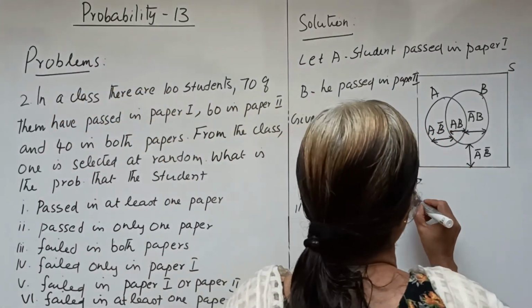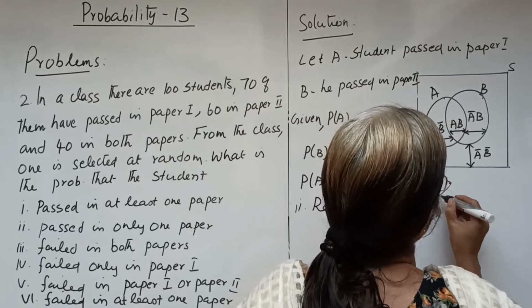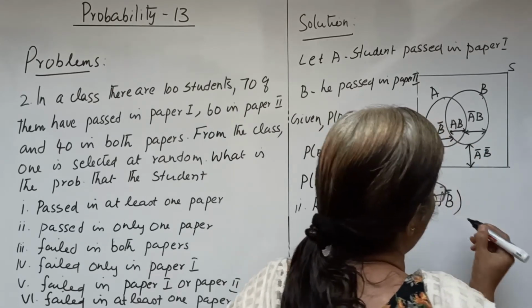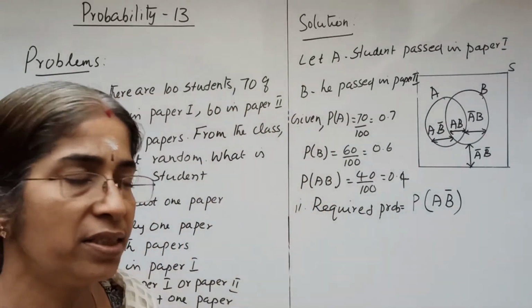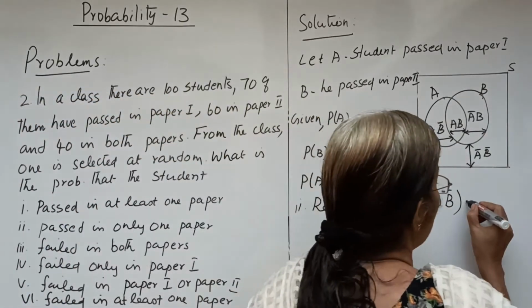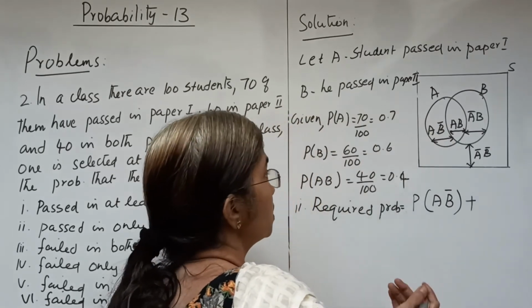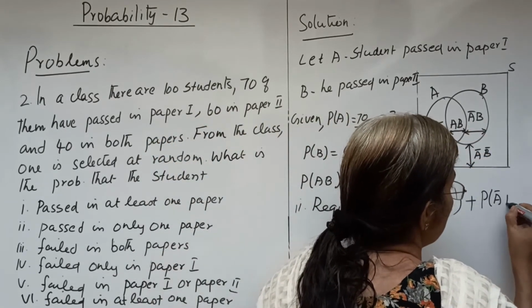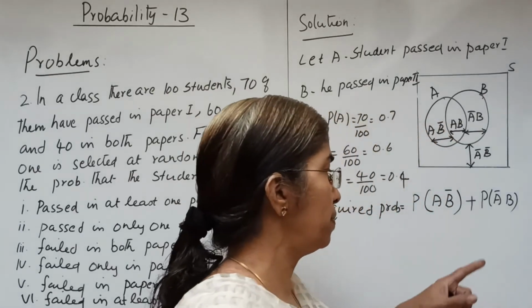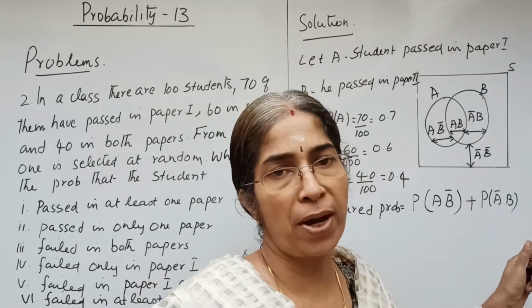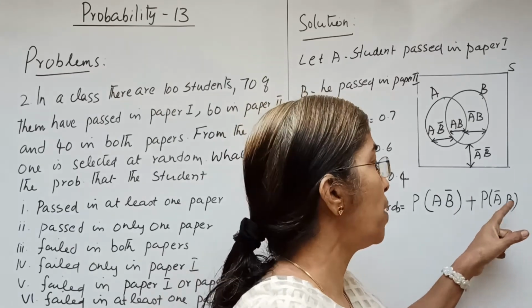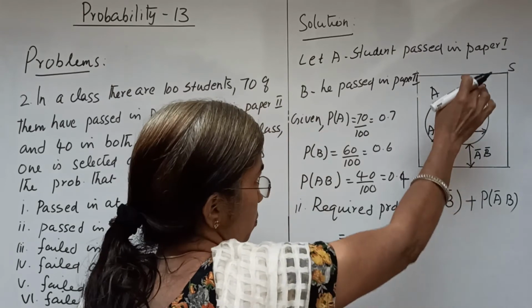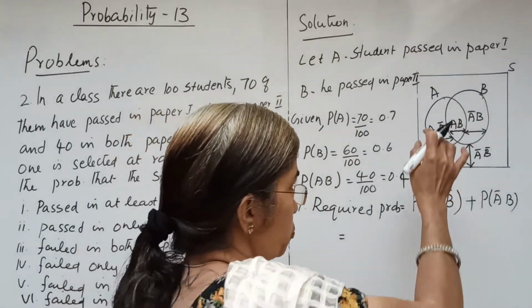So the required probability becomes P of A intersection B bar, plus the other case, P of A bar intersection B: the probability that he failed in paper 1 but passed in paper 2. Okay, so consider this sample space, the diagram of the two events.